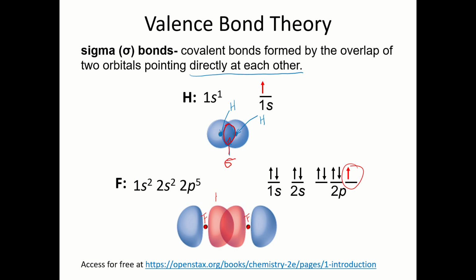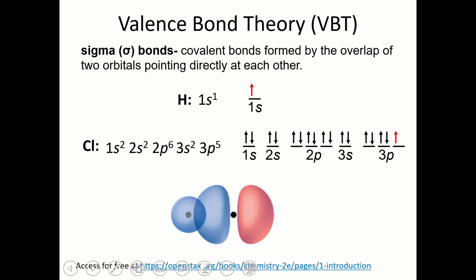Right, and so you would be able to have those 2 electrons come together, and again, right here in the center, would be that sigma bond. Okay, and then of course you could have it between an s and a p orbital, right? So a hydrogen atom would have an unpaired s electron, a chlorine atom would have an unpaired p electron, and again, you could have those come together directly at each other to form a sigma bond.